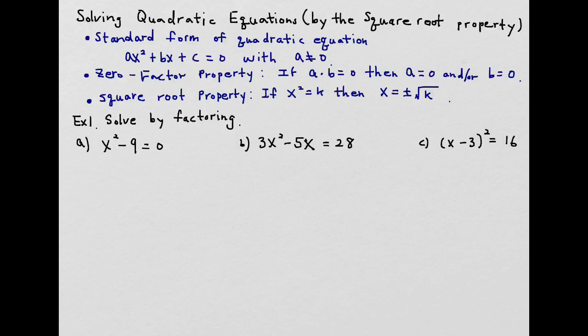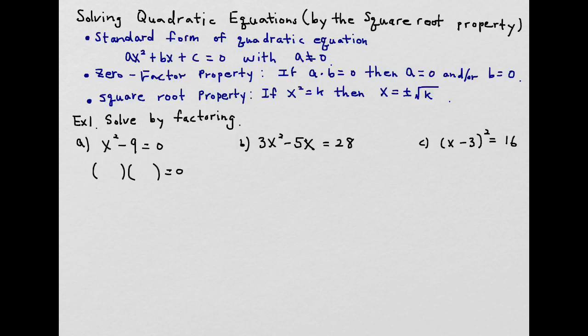If you have an equation like this, x squared minus 9 equals 0, and we want to solve it by factoring, we need to recognize that this is a difference of squares. When you factor x squared minus 9, whenever you have two terms, you either use the greatest common factor or difference of squares.